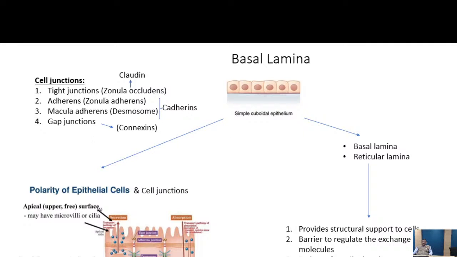And when we look at this epithelium, we see the lower part. When you look at the desmosome, you see there is a specialized part on one cell and the other specialized part on the other cell. But when we look at the bottom of these cells, which are resting on the basal lamina, we see that there is only one half of this desmosome. The other half is absent.